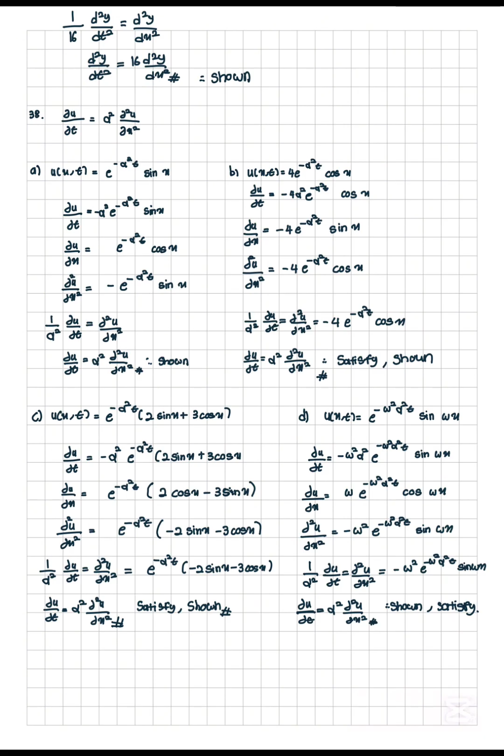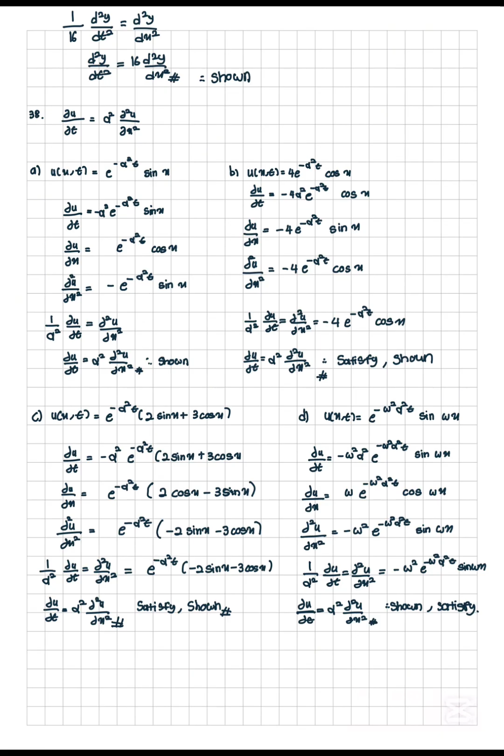Same goes towards u with respect to x, and we got −4e^(−α²t) sin x, and we need to differentiate twice for u with respect to x, and we got −4e^(−α²t) cos x. We need to rearrange the equation, and we still get ∂u/∂t = α² ∂²u/∂x², and it is satisfied.